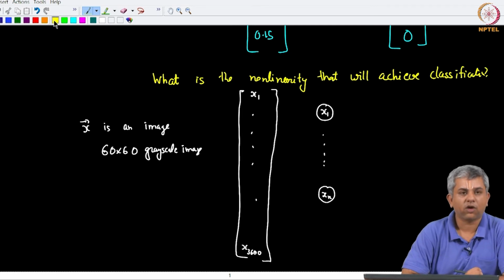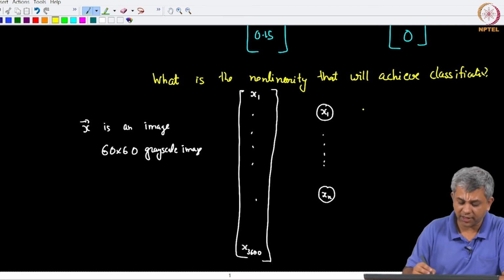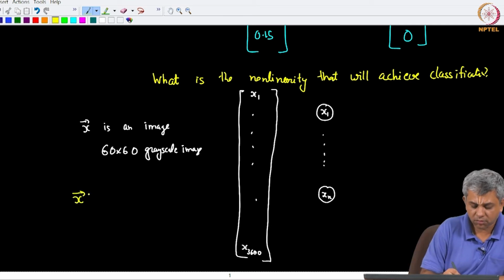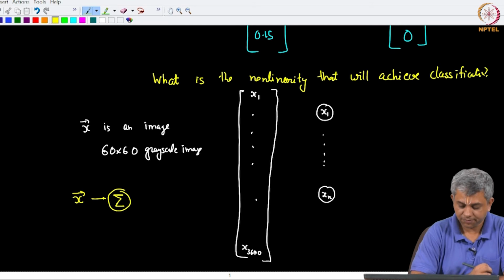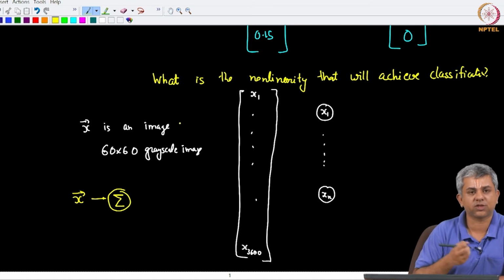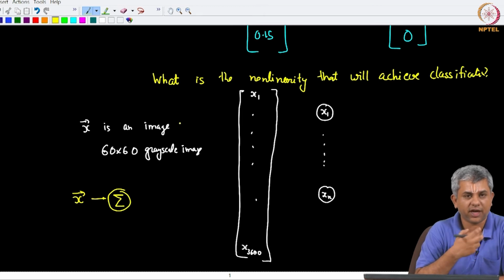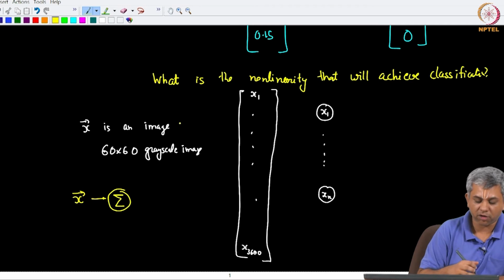Okay. Now, I have that. Now, I am going to do the same thing that we did before. X vector goes through a sigma, a summation, and we want to classify this grayscale image as one of 3 classes. Let us say I will take the same example I have talked about several times.